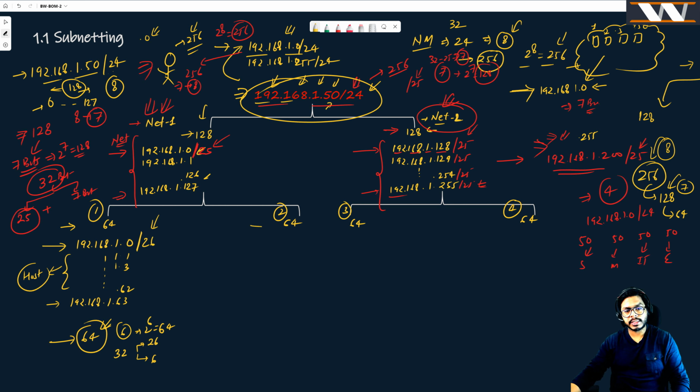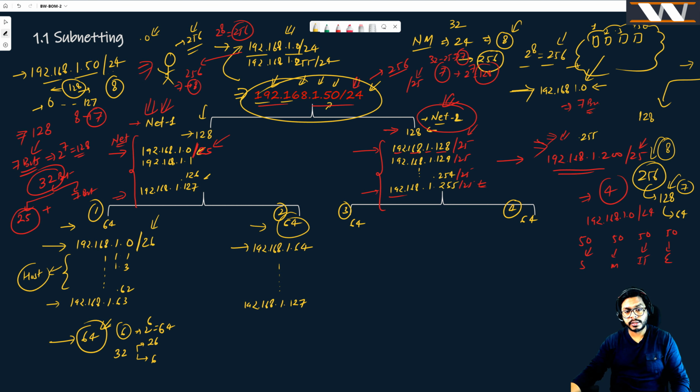Similarly, if we talk about the second subnet, the subnet is going to be again of 64 hosts. What is going to be the first IP address? The first IP address is going to be 192.168.1, of course, where you finished last time. It is going to be 64 here. What is going to be the last IP address? The last IP address is going to be 192.168.1.127.